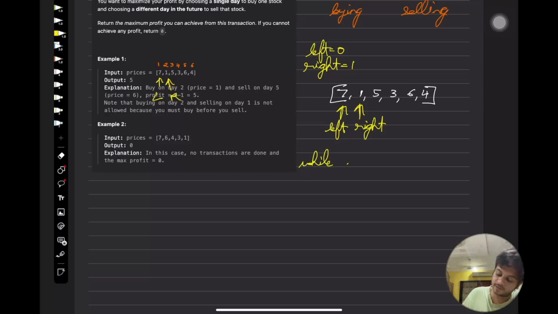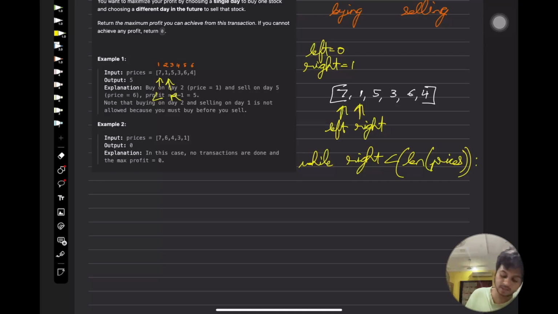While right is less than the length of the given array of prices, I'll keep on going.